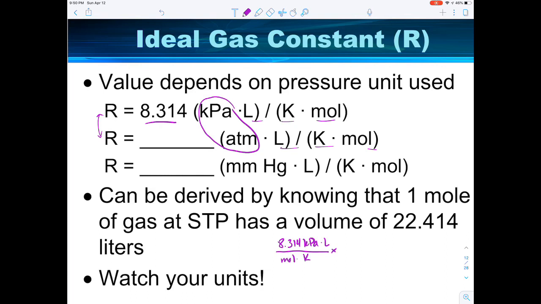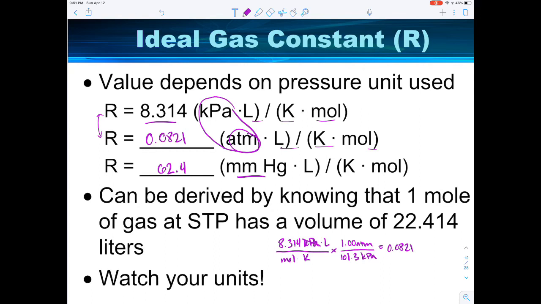Okay, if we're trying to convert kPa to atmospheres, the only thing we want to do here is cancel kPa. So we need to have kPa down here, and we're trying to convert it to atmospheres, so we have atmospheres up here. And if you were to do this, you would get the number we found on the previous slide, 0.0821. Okay, and if you did it again with millimeters of mercury, you would get 62.4.